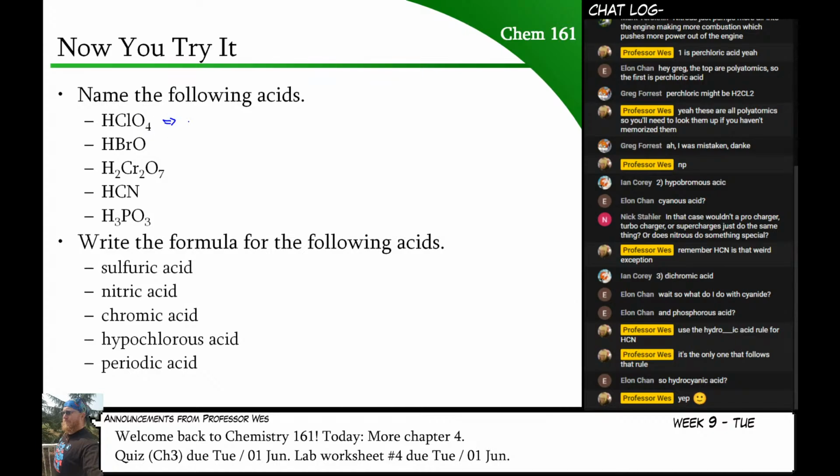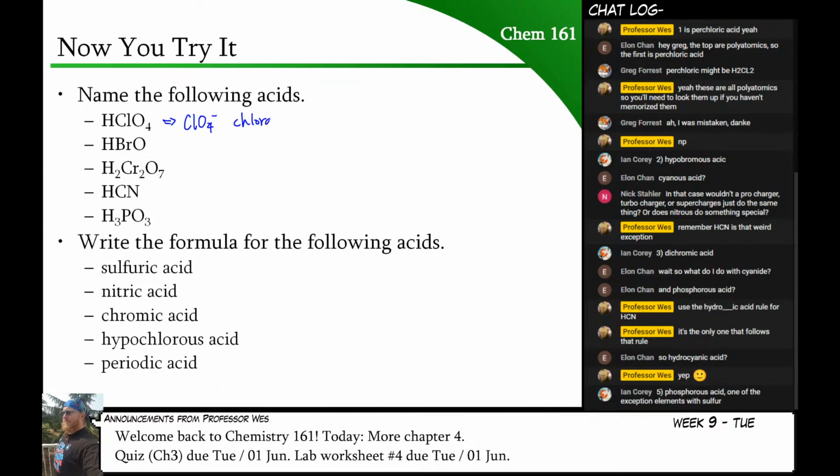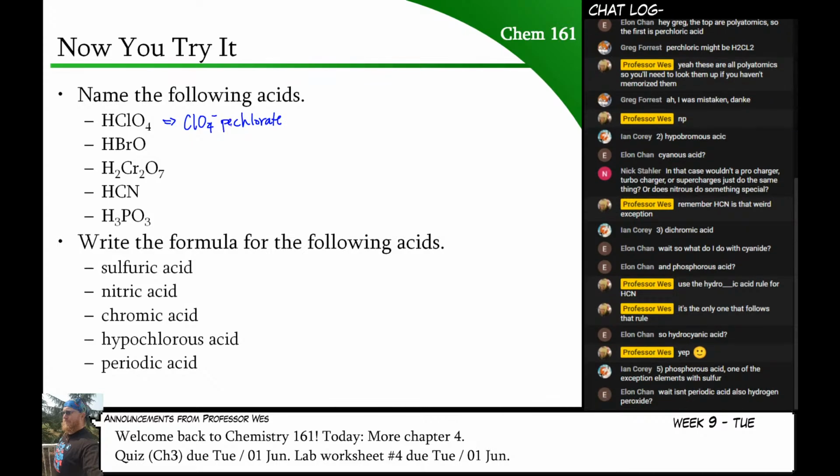A lot of this comes down to identifying the ion and then finding its name. Oops, I forgot the per here. And then just replacing the end with what it's supposed to be. So the first one would be perchloric acid.